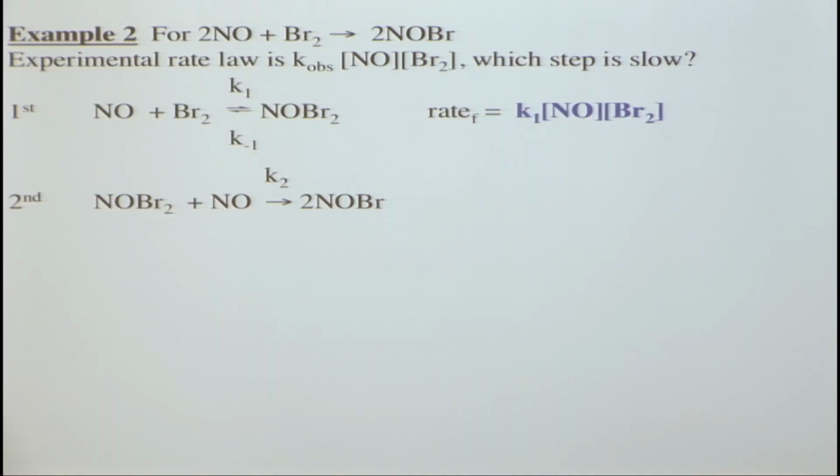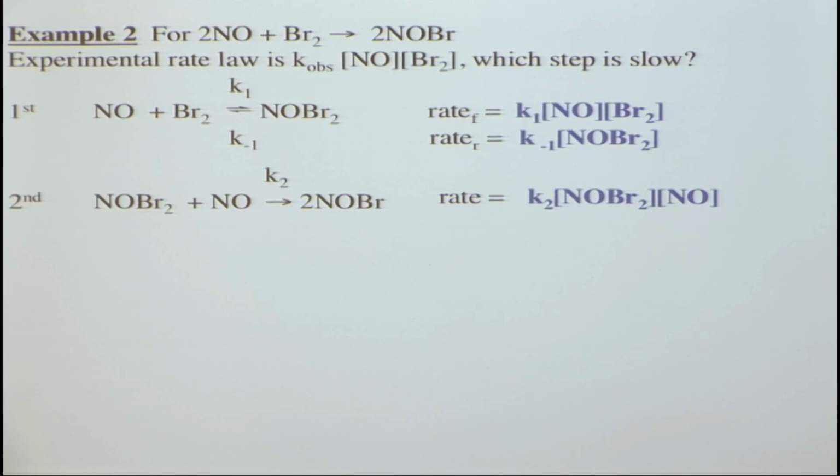Now we can do the same thing for the reverse rate. So we have k minus 1 times the concentration of our intermediate. So in step 2, our intermediate, which is formed in step 1, is reacting with the second molecule of NO, forming our product.